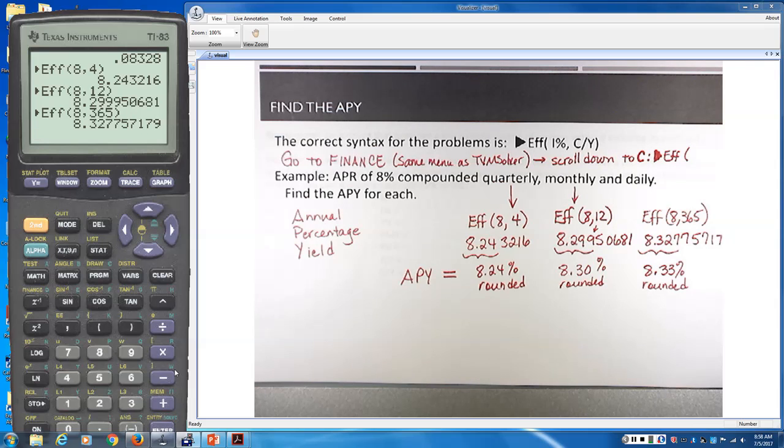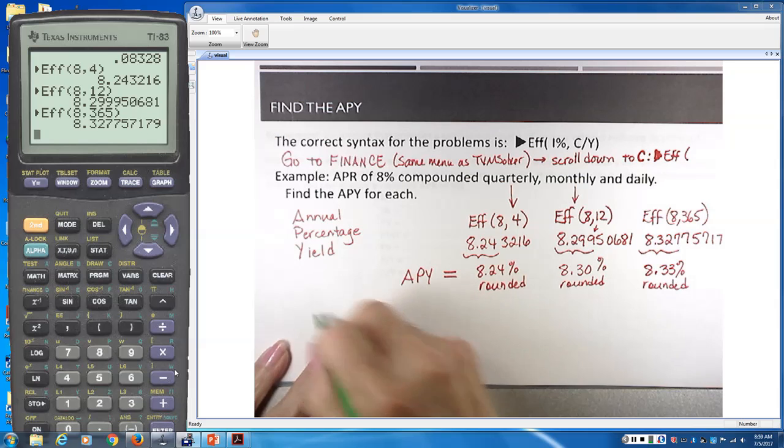Although we've talked about it before, just out of curiosity, this is not asked actually on that, what if it said compounded continuously? Well, then we would do the same thing.